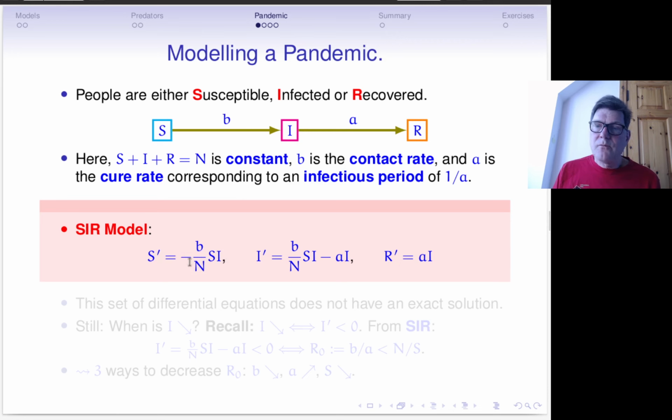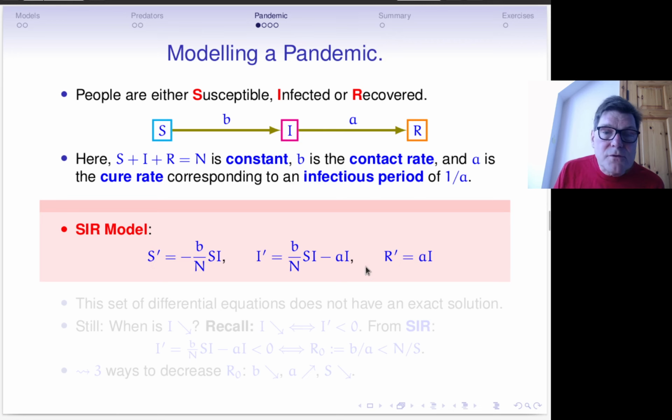And then from there, under this assumption that the total size S plus I plus R remains constant, remains the same number N throughout the entire period of time, the rate of change in the middle, in the I class, must balance out the other rates of change. The rate of change in the I class must be exactly the negative of the sum of the rest, so that the overall rate of change is zero.